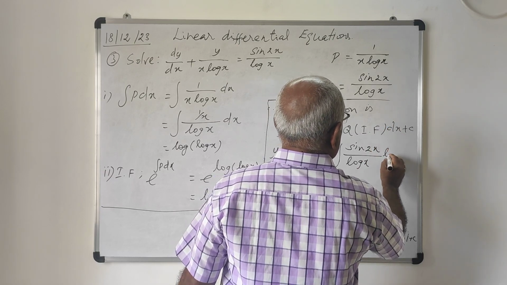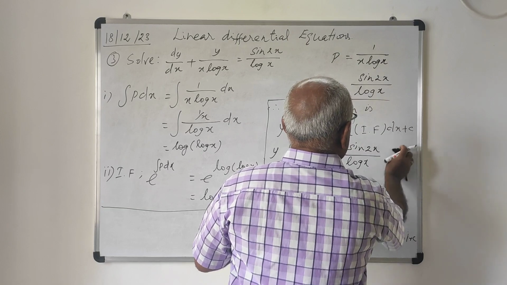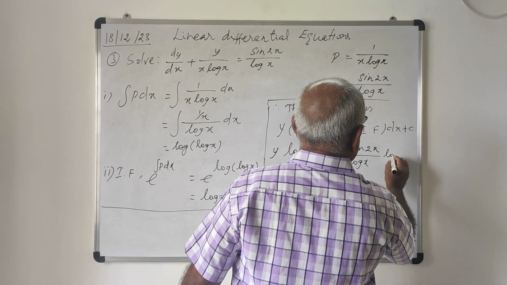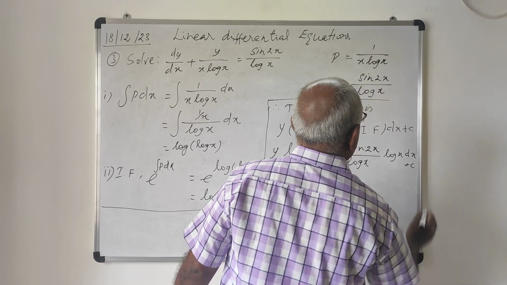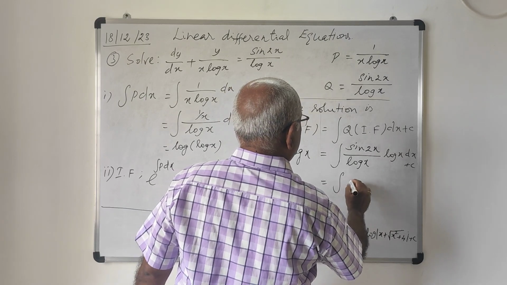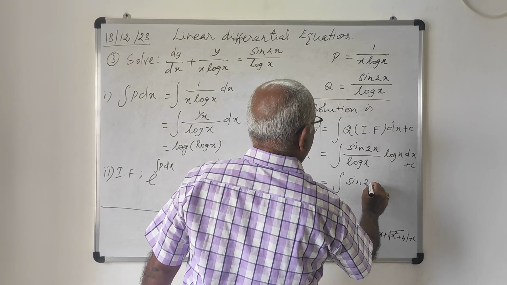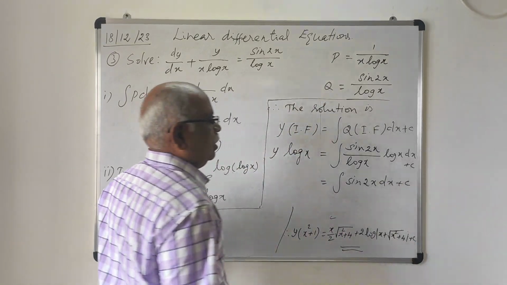The integrating factor is again log x, so we get log x into dx plus c. Here the denominator and numerator log x cancel, and you will get sin 2x dx plus c only.